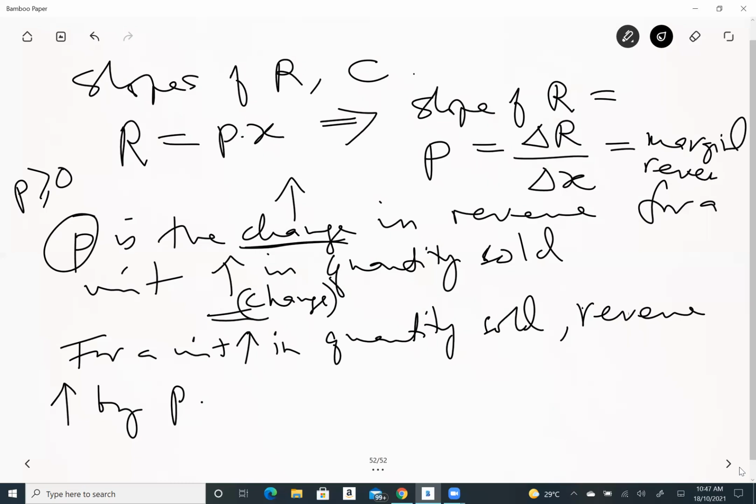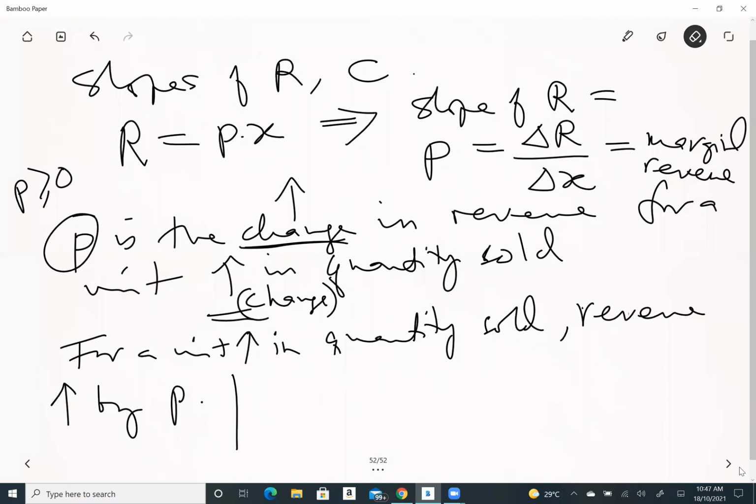Okay, so for our example, the price is equal to 1.2, right? So for a unit increase, for that unit, for our example is cup.